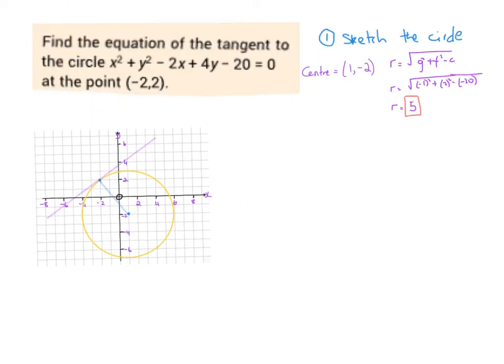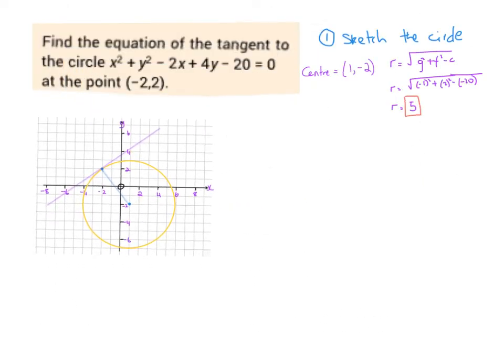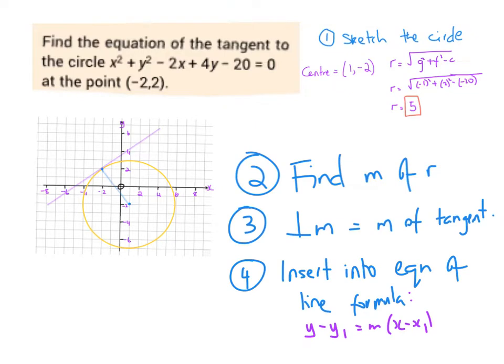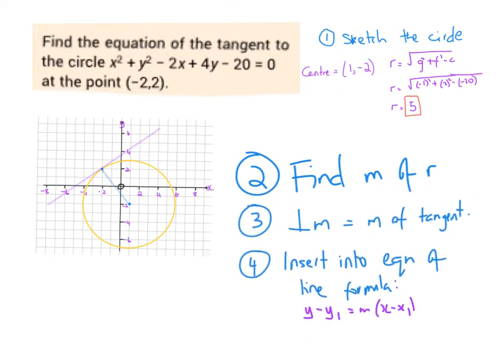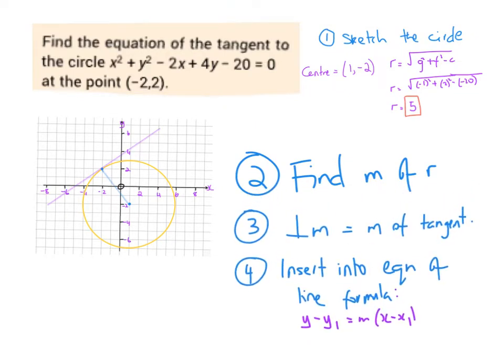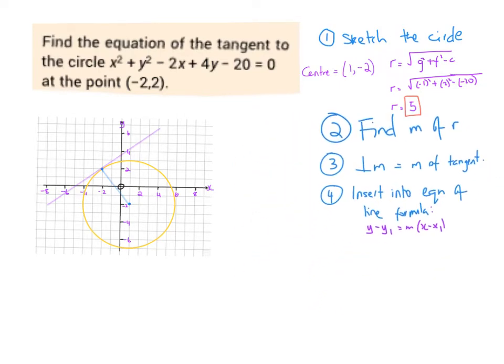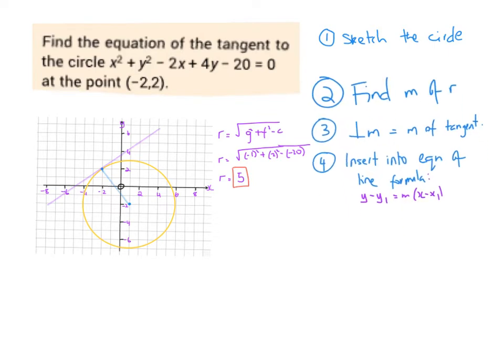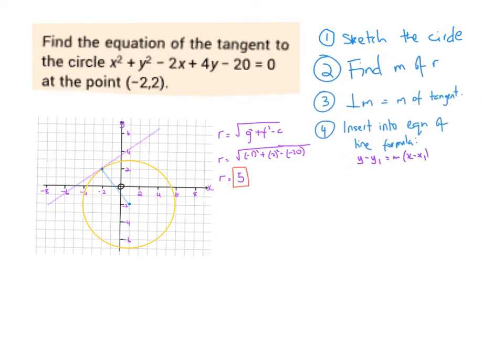So let's just write that down as our second step. Okay, so there's our steps written down. Let's get those steps written down also before we start into the question. So that's the 4 steps together to solve this question.